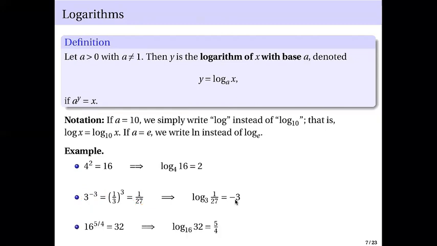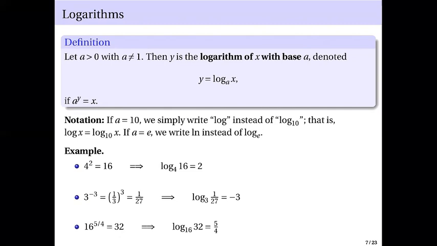Next example here, we have 16 raised to 5 over 4. If you calculate, this is equal to 32. So 16 raised to 5 over 4 is equal to 32.